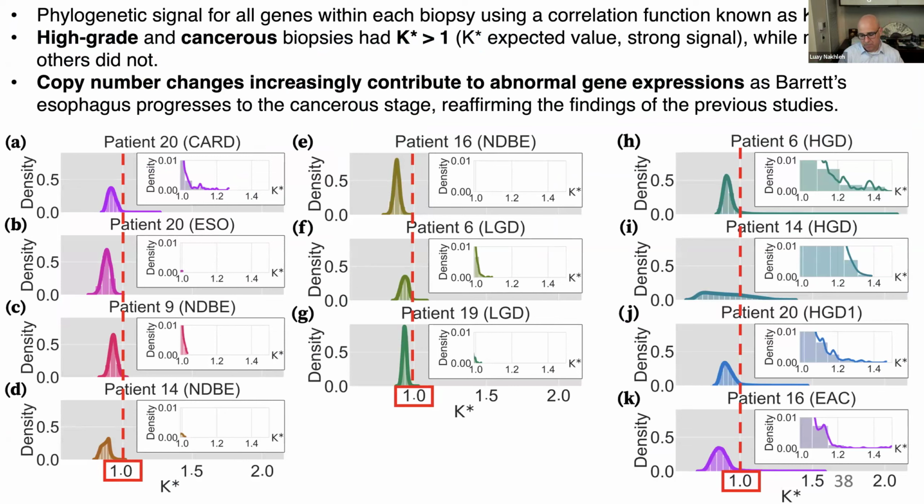What we found is that for the high grade and the esophageal adenocarcinoma, the correlation between the DNA signal in the tree and the RNA is much higher than the other grades. In each of these figures, the inset is zooming on the tail after K star of 1, and you see there are larger numbers of points higher than 1.